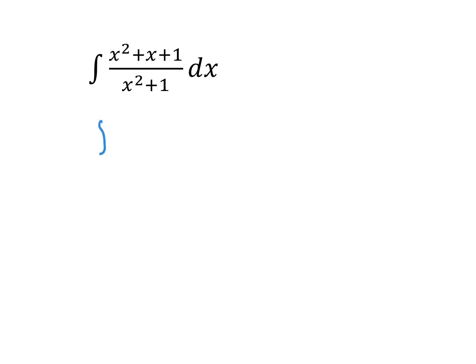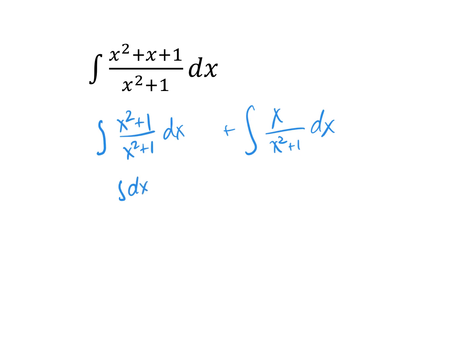So hold on, could we do x squared plus 1 over x squared plus 1 dx plus the integral of x over x squared plus 1 dx? Could we do that? Does that feel okay? And if we did that, this is essentially the integral of dx, because x squared plus 1 over x squared plus 1 is 1.